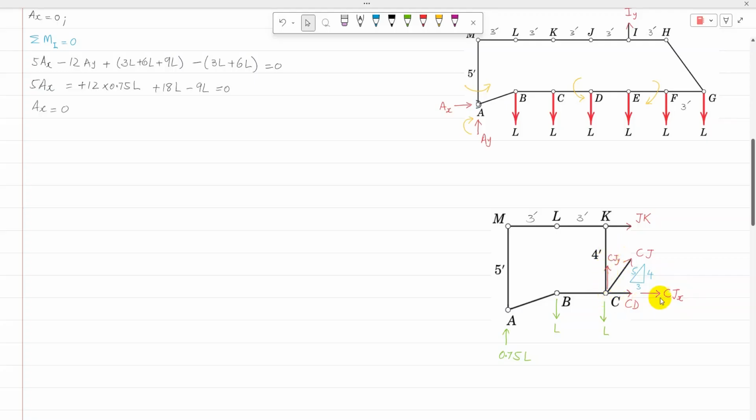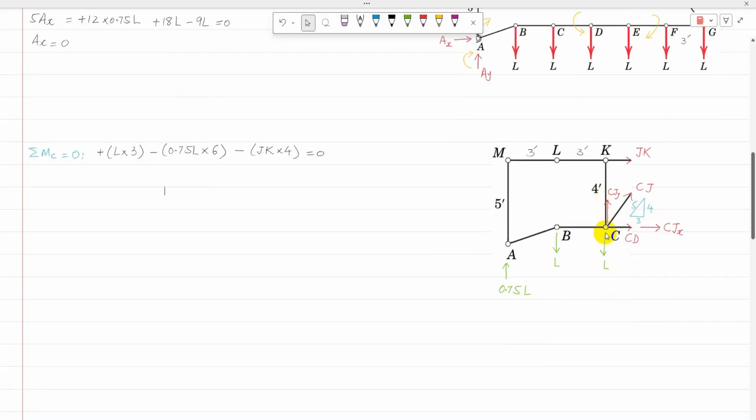So it is positive. Now I'm going to take moment about point C so that CJ and CD are eliminated, and I can find JK. For the moment about point C, the line of action of JK has a perpendicular distance of 4, and JK is going to produce a moment in anticlockwise direction about point C. The next one is the load at B, whose perpendicular distance is 3, and that load L is going to produce a moment in anticlockwise direction.